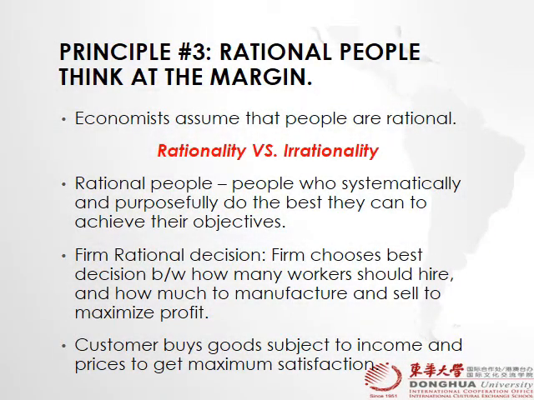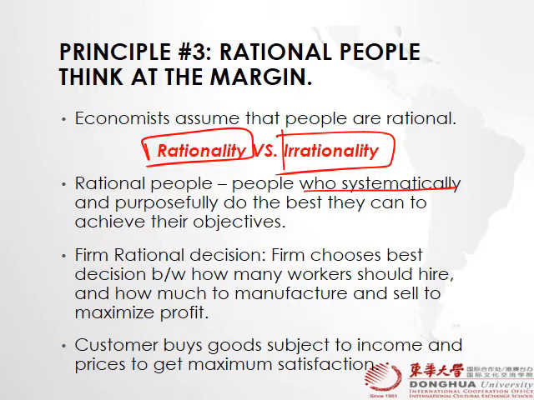Our third principle is that rational people think at the margin. So economists assume that people are rational. So what do we mean by rational and irrational, or rationality versus irrationality? Rational people systematically and purposefully do the best they can to achieve their objectives. For example, you want to buy a laptop, so you go through a systematic process. First of all, you list down the competitors.